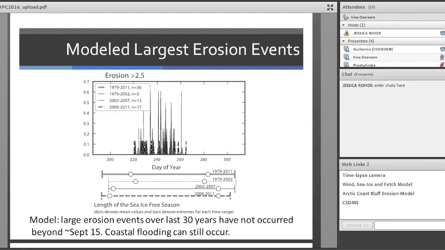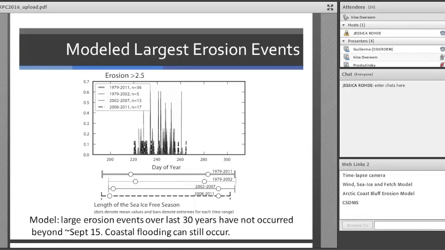This slide shows the modeled largest erosion events, and it corroborates what we were just postulating. In this late period in the year, there's not many really high impact erosion events anymore, and it's basically because the temperature of the water is not warm enough to provoke a lot of erosion.